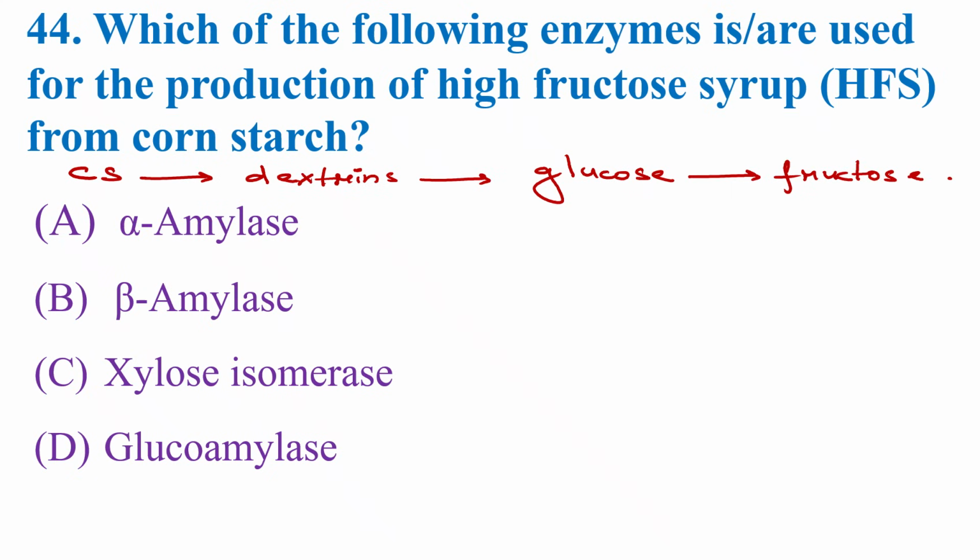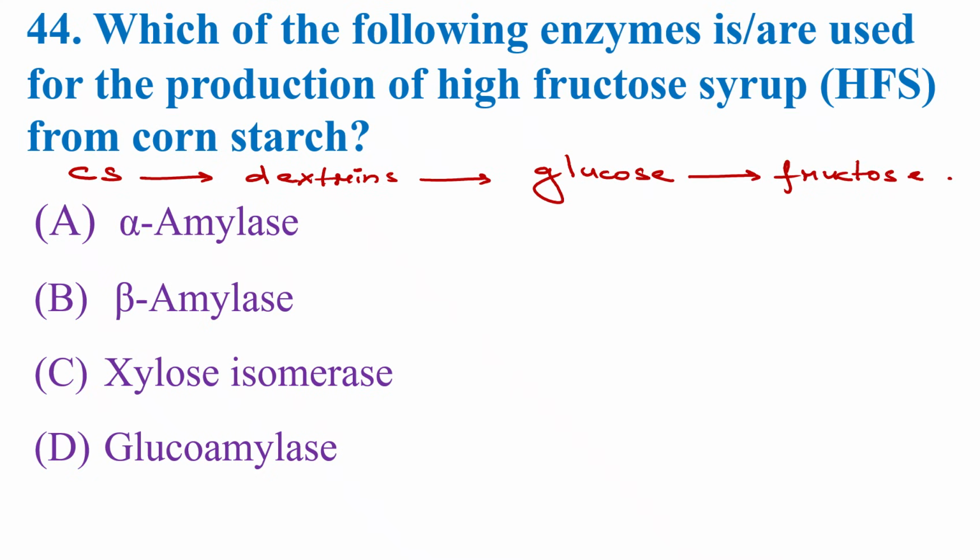First one, that is alpha amylase. Now this alpha amylase is used in the liquefaction step. That means it breaks starch, that is alpha 1,4 bonds, into dextrins and oligosaccharides. So it is used in HFS production.